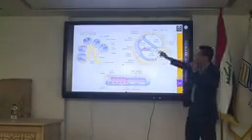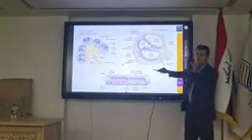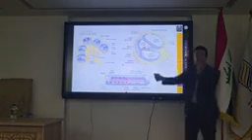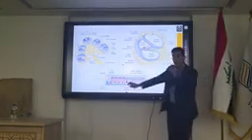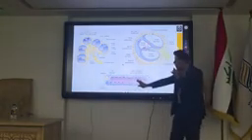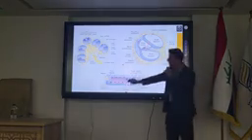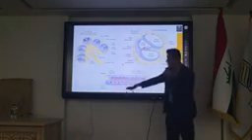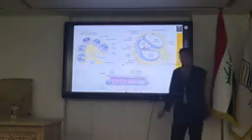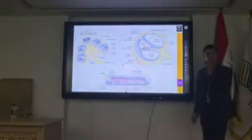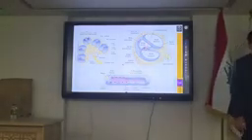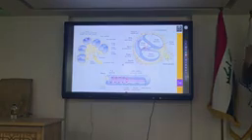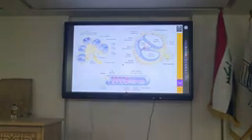So in physiology, we can ignore this one, and we can consider the scala vestibuli and the scala media together. So here you can see that we have the basilar membrane. Above the membrane we have the scala vestibuli and the scala media. Below the membrane we have the scala tympani. So the basilar membrane remains, but we can ignore the Reissner membrane.